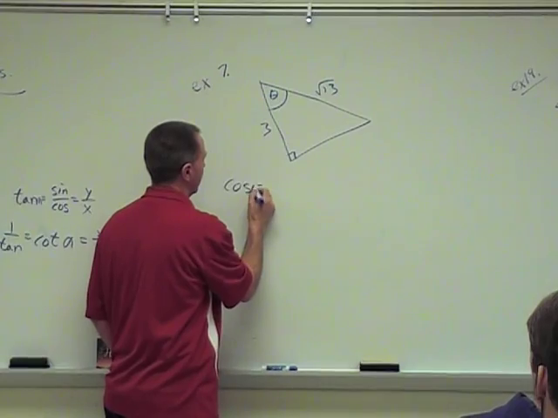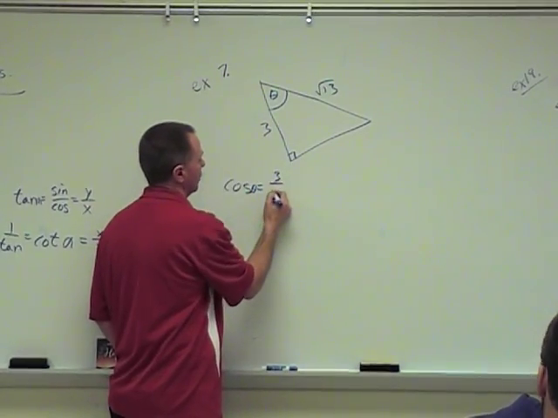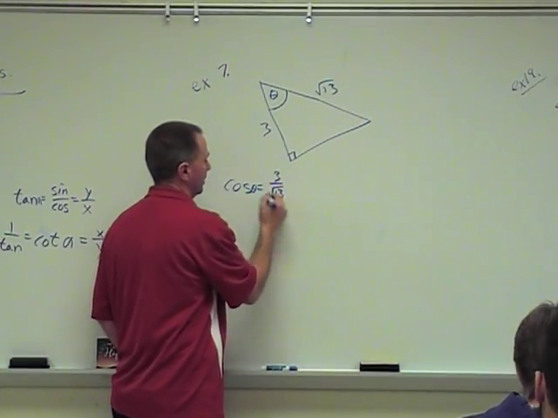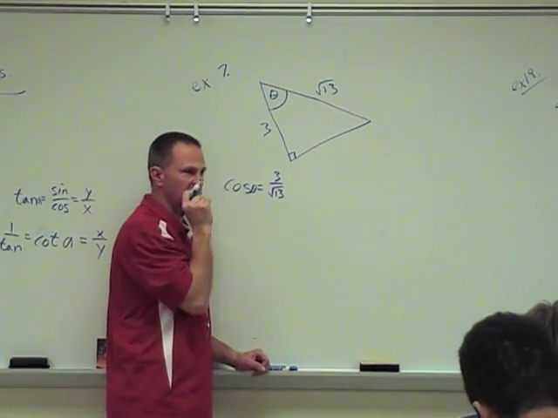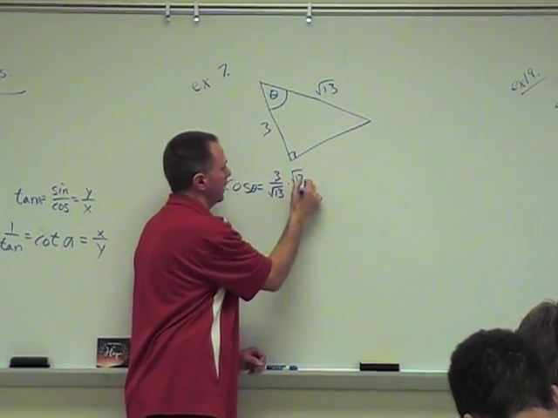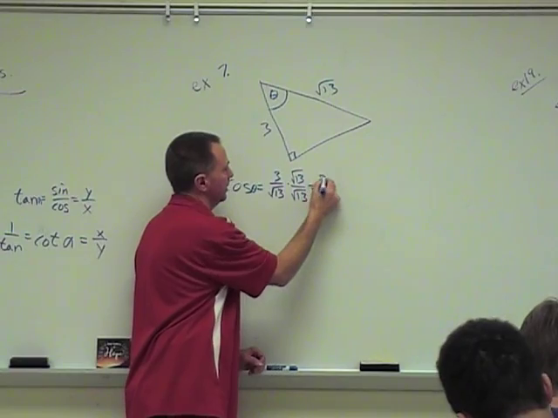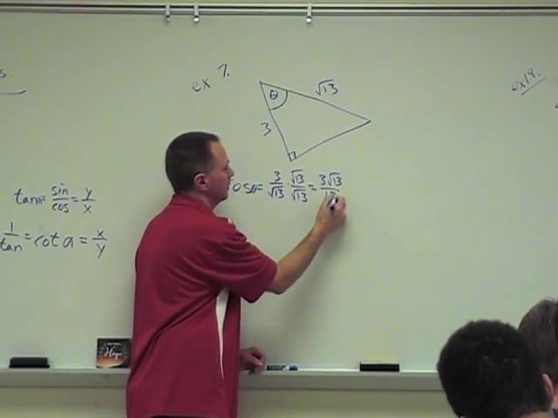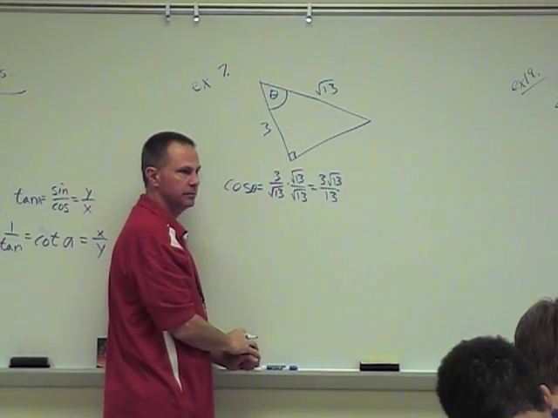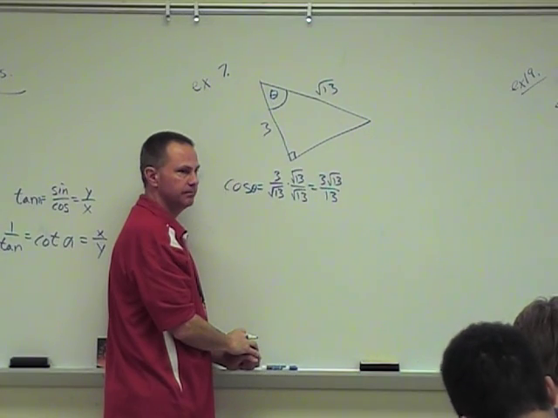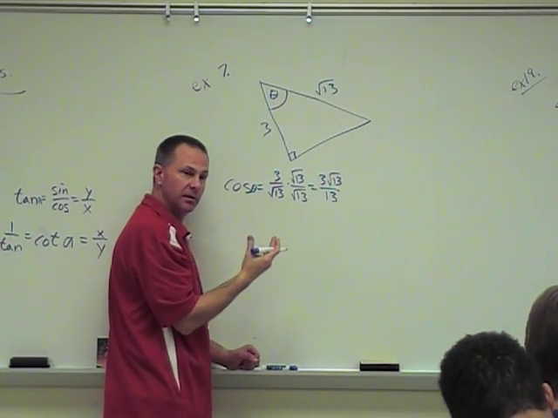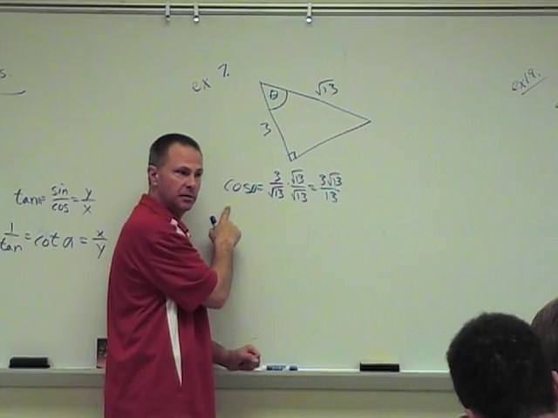Cosine of theta is the adjacent leg over the hypotenuse. You can't leave a radical in your denominator unless I ask for it, so you got to rationalize it. You'll get 3 radical 13 over 13. Now what's the other function that goes with cosine?